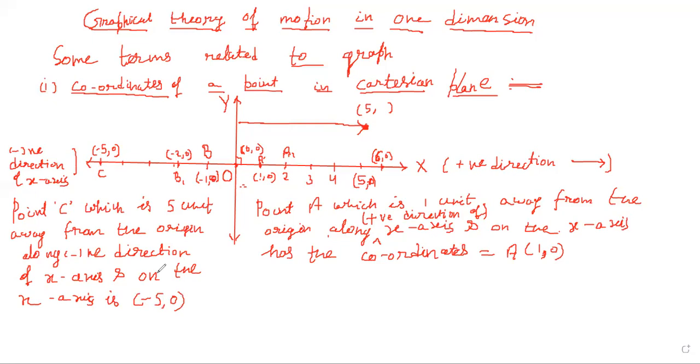Similarly, we can write for the other points on the x-axis also. So it will be very clear to you. Now, if you have written all the theory, though this is not the complete coordinates of a point, we are still discussing it.